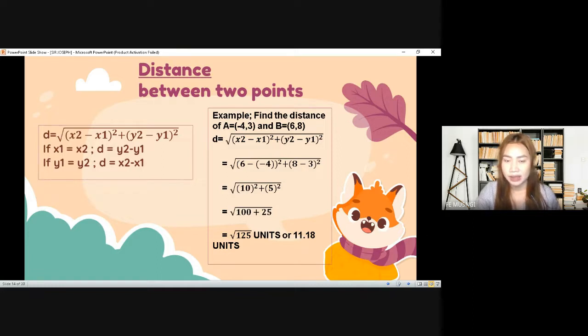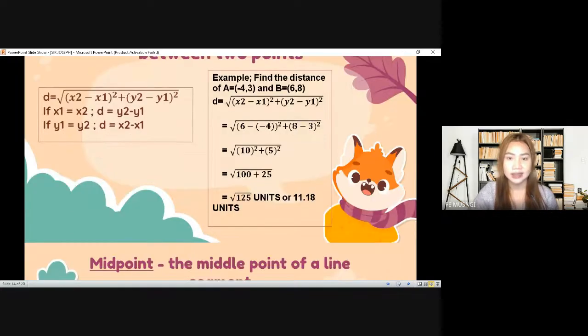So magiging D is equal to square root of 10 squared plus 5 squared. So magiging D is equal to the square root of 100 plus 25. So pag pinag-add mo sila, magiging D is equal to the square root of 125 units or 11.18 units. Okay?